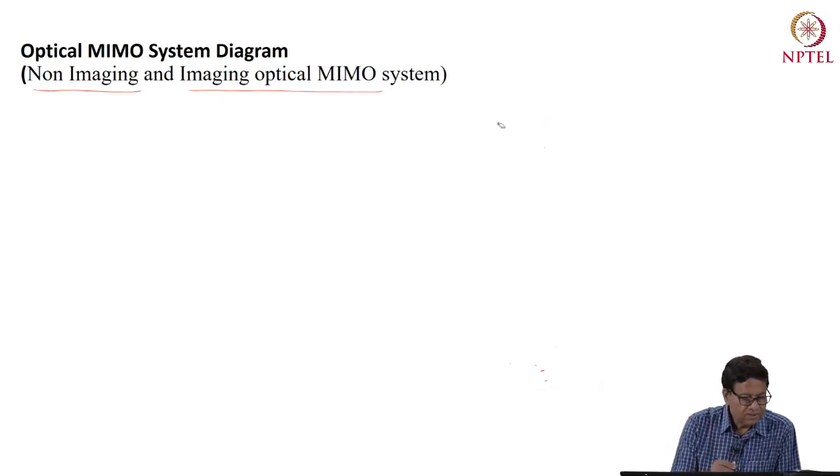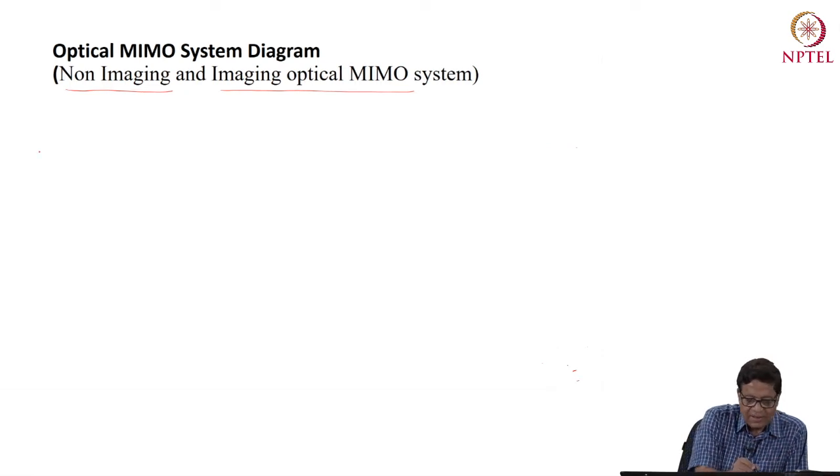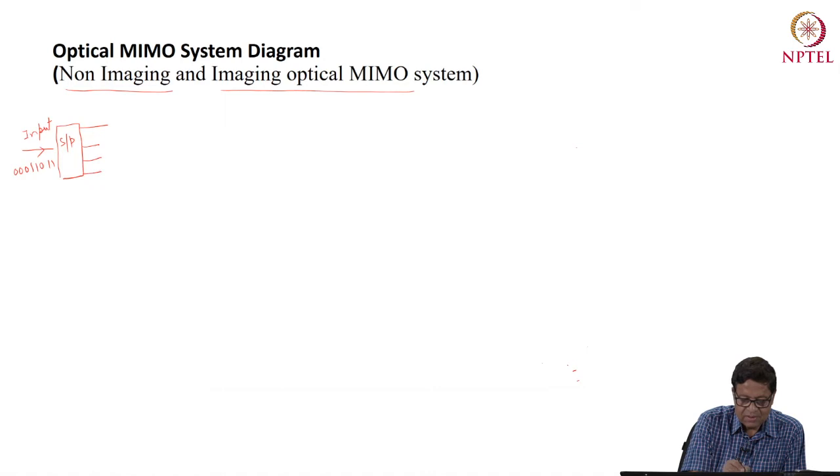So a typical optical MIMO system should look like this. Suppose this is your input, and it has input 0, 0, 0, 1, 1, 0, 1, 1. First we will use serial to parallel, and I will get 4 outputs for this stream. So this will be 0, 0, this will be 0, 1, this will be 1, 0, this will be 1, 1.